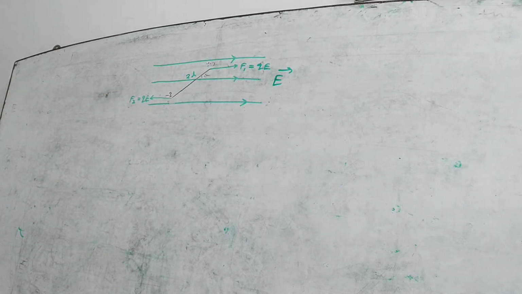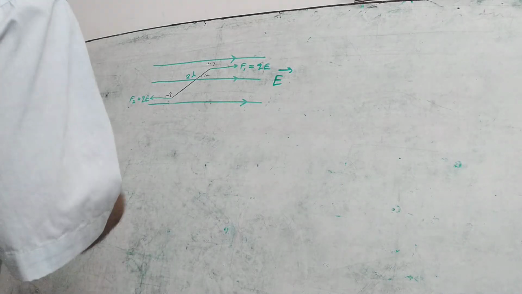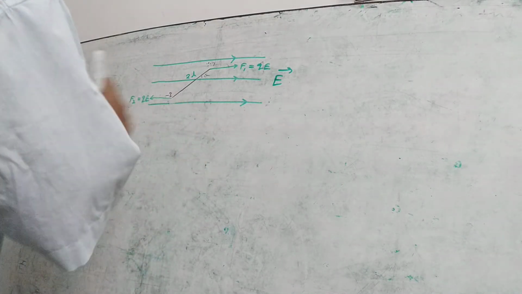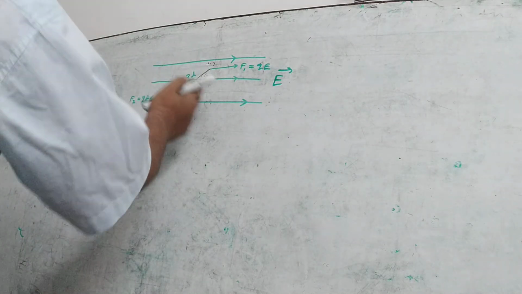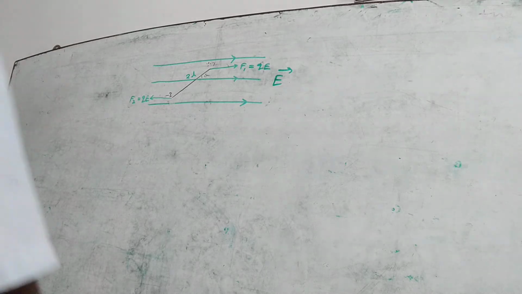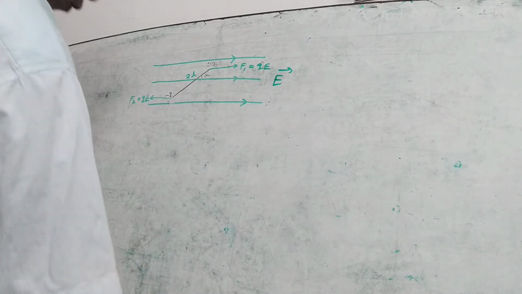We know that when two forces of the same magnitude act on a body in opposite directions at two different points, they form a couple. Therefore, F1 and F2 form a couple.